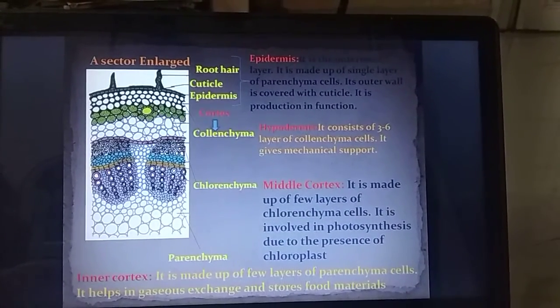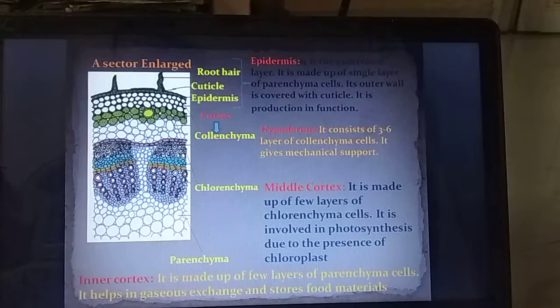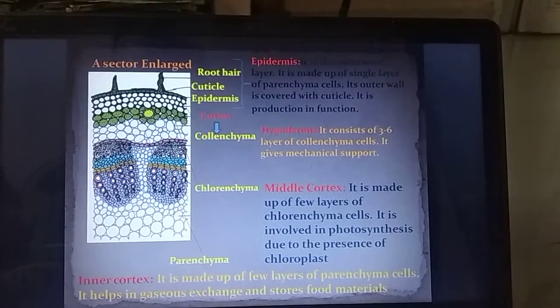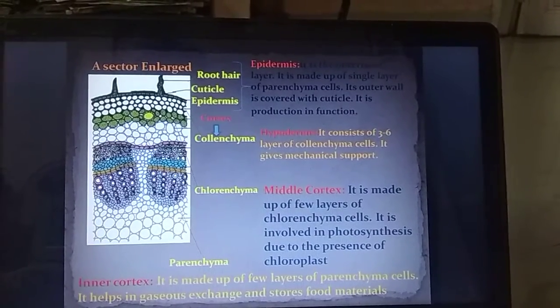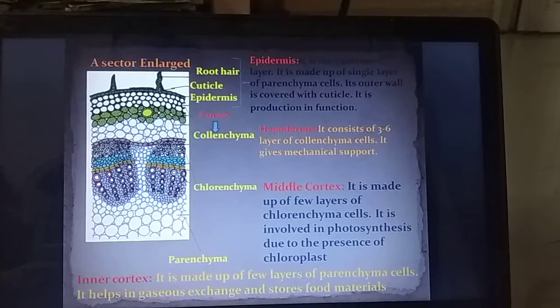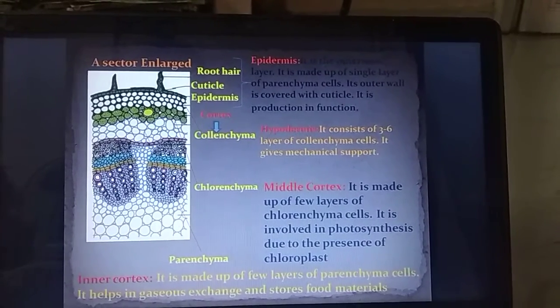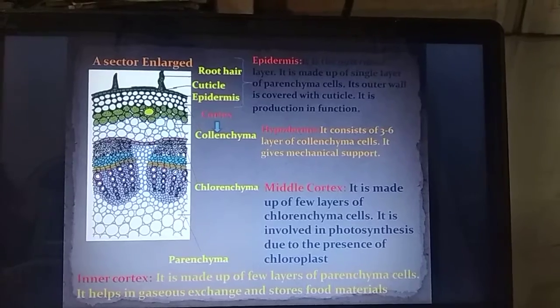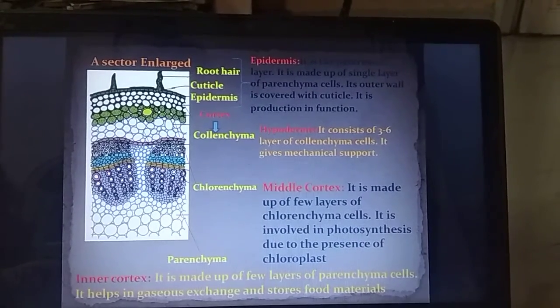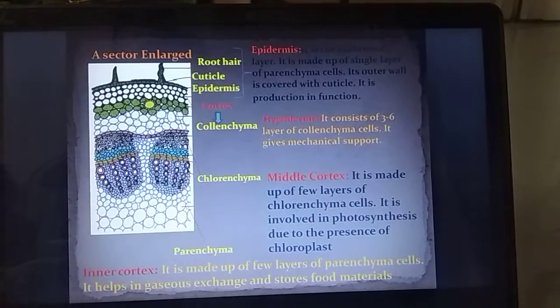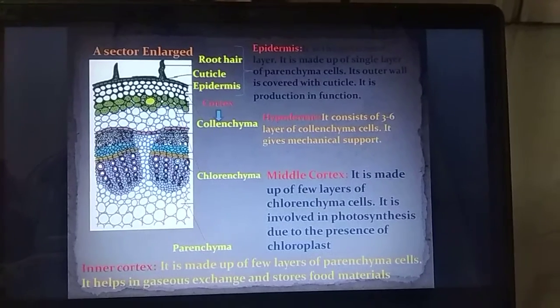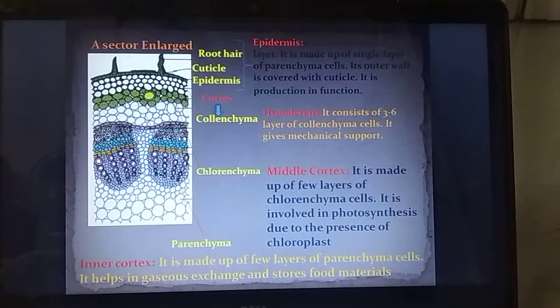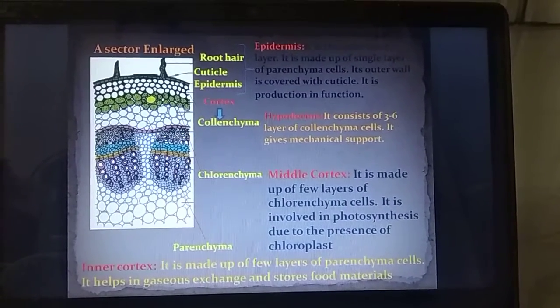It is made up of a few layers of parenchyma cells. It helps in gaseous exchange and stores food materials. Gaseous means oxygen and carbon dioxide, exhale and inhale.